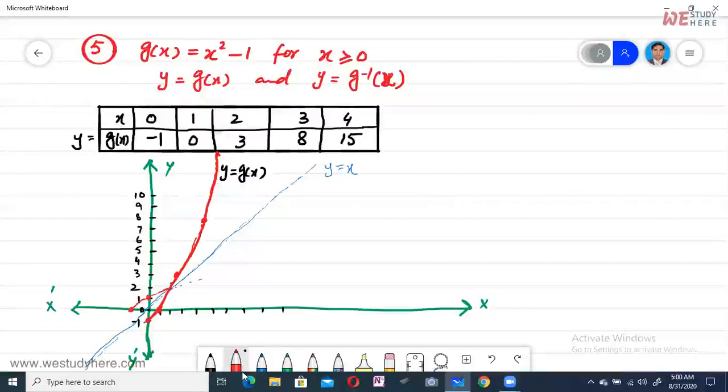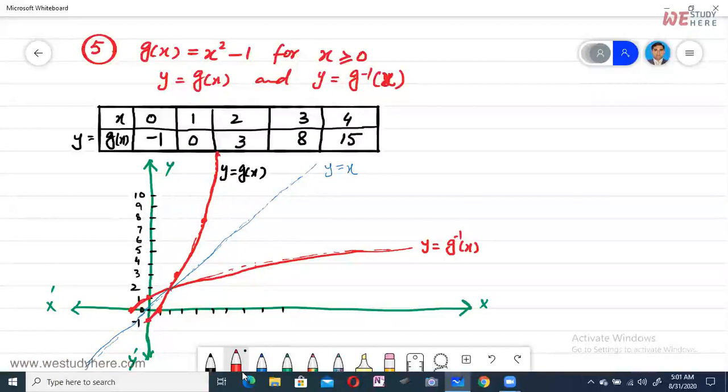After that, this curve will go in this way. This is the graph of y is equal to g inverse of x.